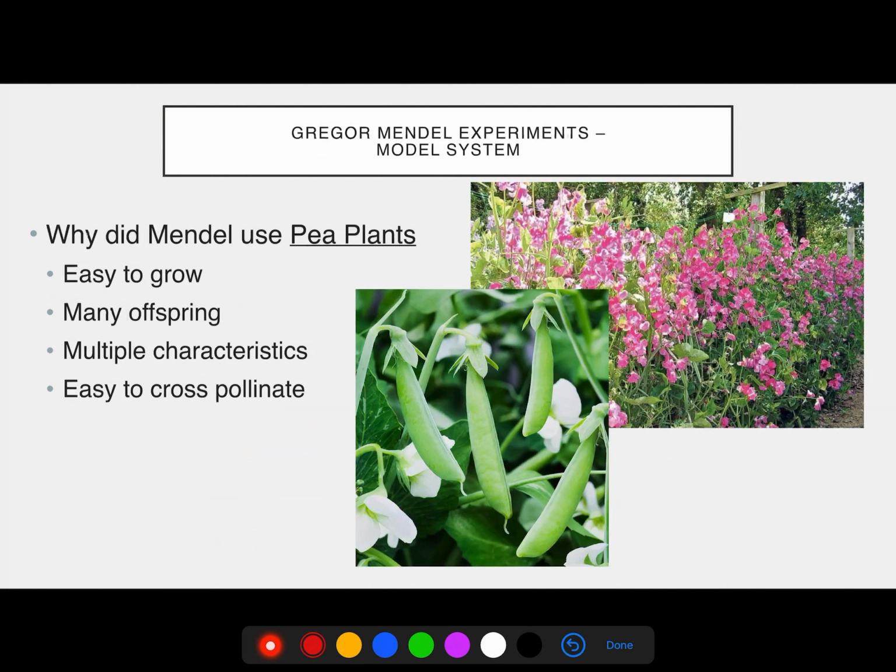And because of the number of seeds in a pod, each seed is considered an offspring, and you can create tons of offspring from a single cross of parental organisms. You can also look at multiple characteristics, and we'll talk about some of those here in just a minute. And they're easy to pollinate. You can actually do it yourself. You don't need a pollinator, like an insect pollinator, to be able to do this.